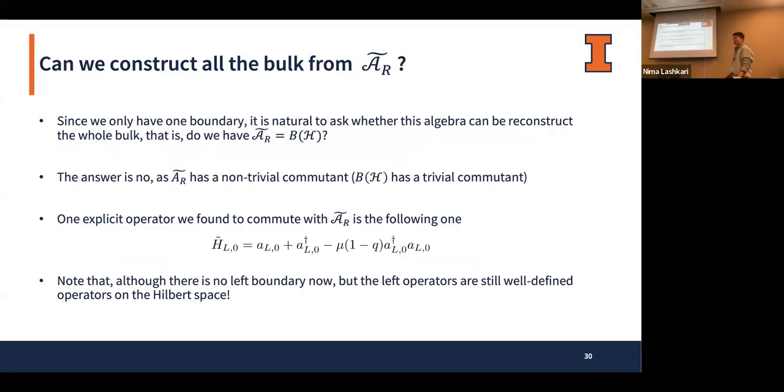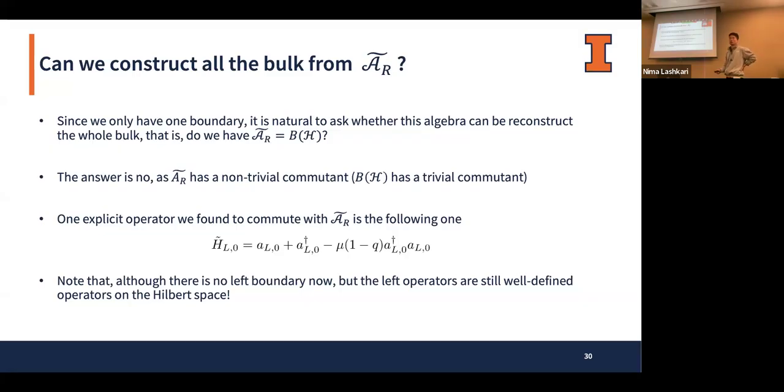Now, since we only have one boundary in this case, it's very natural to ask the following question: can we reconstruct all of the bulk from this A_R tilde? That is equivalent to asking whether A_R tilde is equal to B(H).